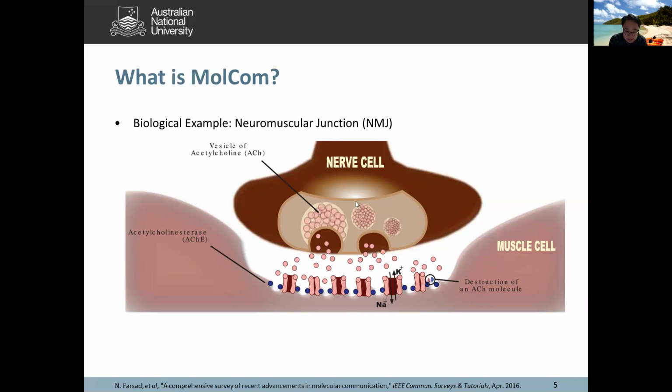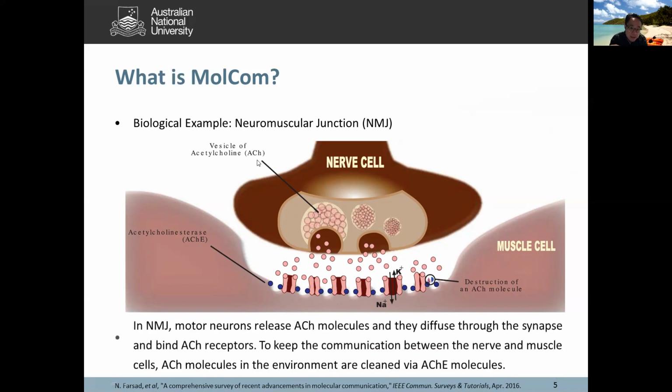The nerve cells contain a large number of vesicles, which contain acetylcholine, and we call it ACh molecules. In the neuromuscular junction, the motor neurons release the ACh molecules. As we can see here, the molecules are released from the nerve cell, and these molecules diffuse within the environment through the synapse and bind to ACh receptors.